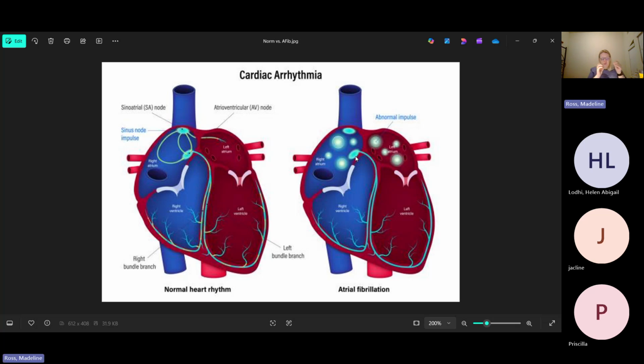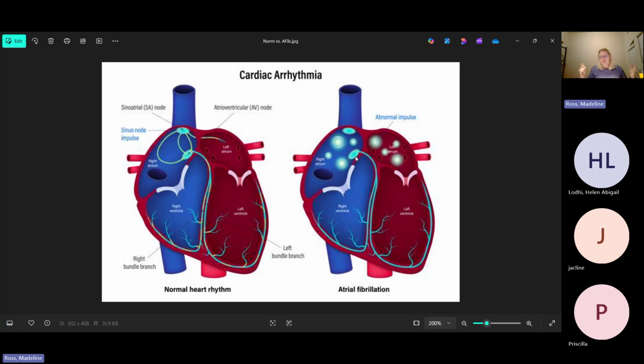Your heart wants to follow that conduction pattern, so when you have a lot of different crazy signals coming from everywhere, the atrium's trying to keep up, but it's kind of like getting hit with a shotgun blast, because all these pellets fly out, and it's not trying to respond to just the main shot, but also the pellets.